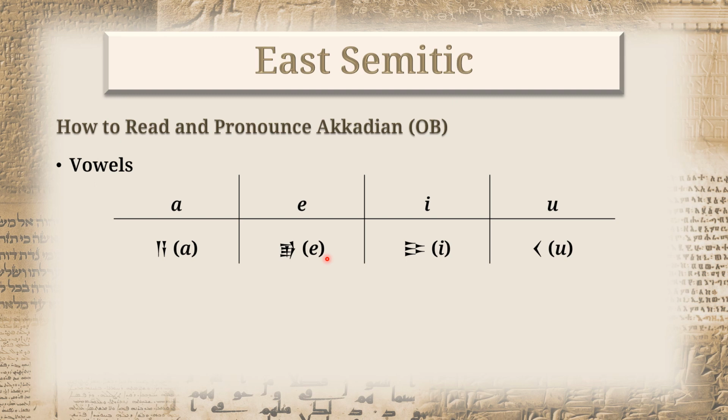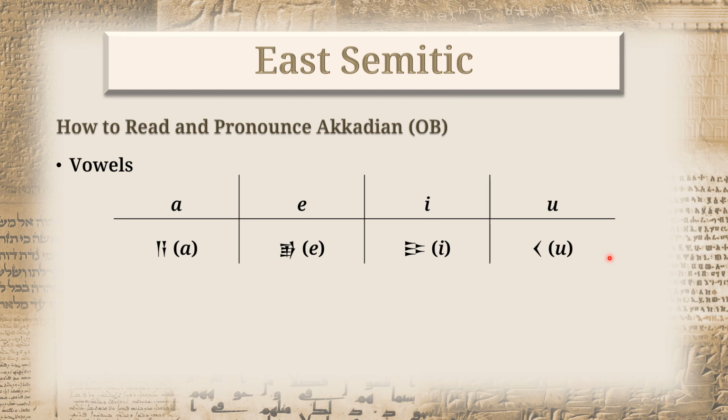And keep in mind that there are other signs to represent those sounds. So, for example, instead of this U sign, you will also see many instances of U number 2 and U number 3, so 2 other signs to express the same vowel. And I've also seen U number 4 a couple of times.